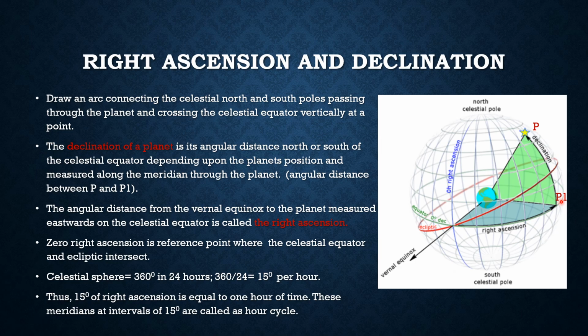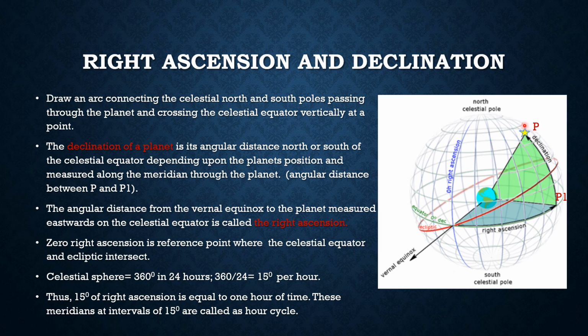Okay, so what is the declination of the planet? Declination of the planet is the angular distance. Now, depending upon the location of the planet, it can be towards the north. If the planet is present towards the south, then the declination can be towards the south. So this angular distance between P1, that is the point where the arc crosses the equator, and the star.